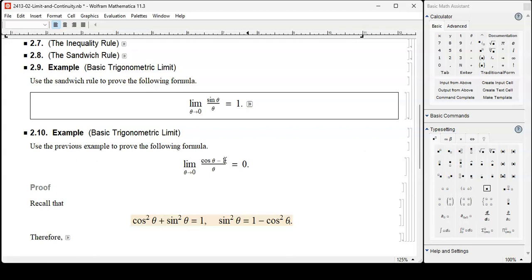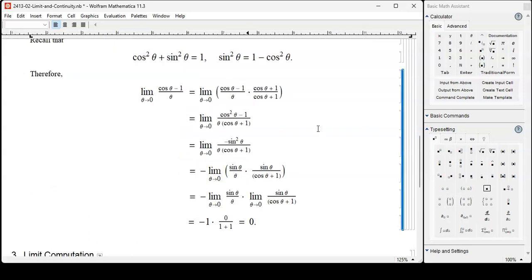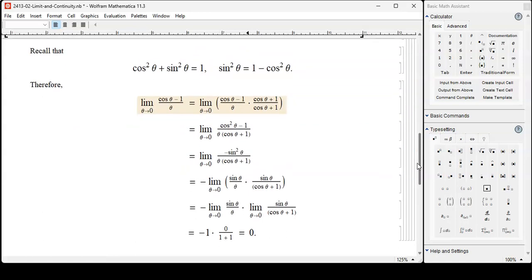And then we have cosine of theta minus 1 here, so if you multiply cosine of theta plus 1 to both numerator and denominator and do a simplification, you get, well, this computation, which involves cosine squared minus 1, so negative sine squared. And that's how you get sine of theta over theta separated out. And this limit goes to 1, and the second limit goes to 0.